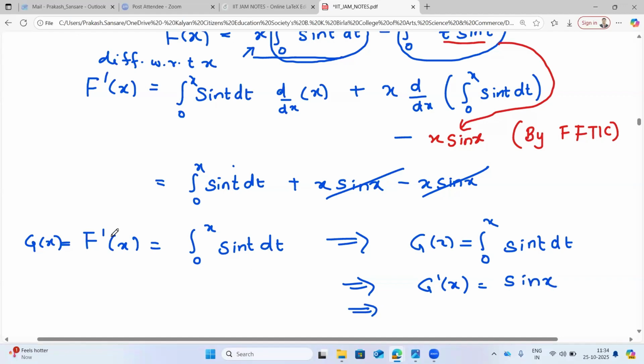So g dash x, but g x is basically f dash x. So derivative of g means f double derivative. So f double dash x is equal to sin x. I hope it is clear.